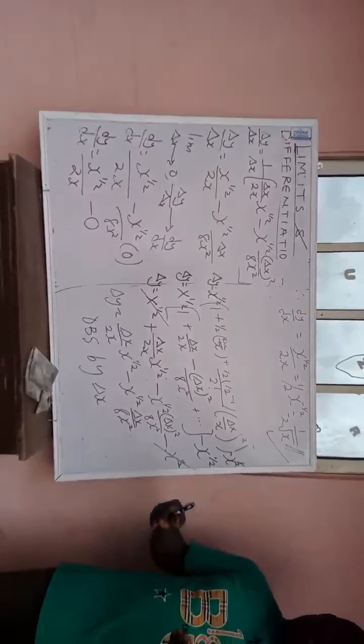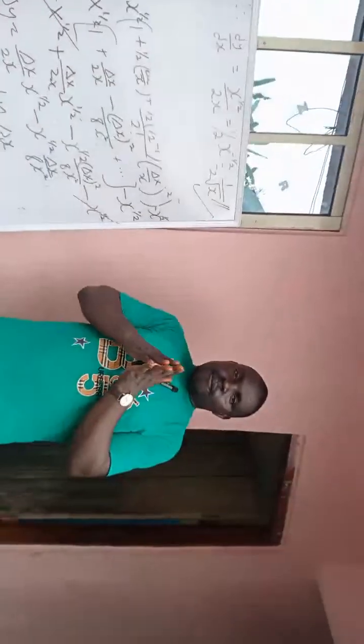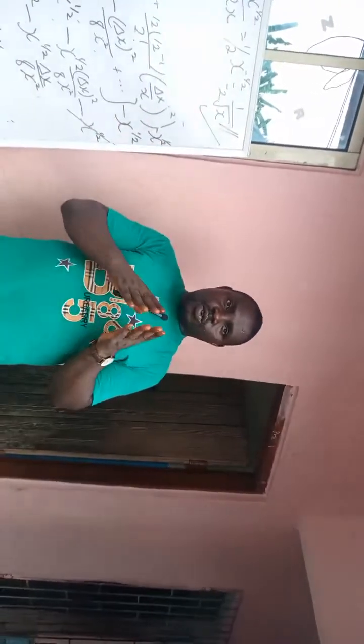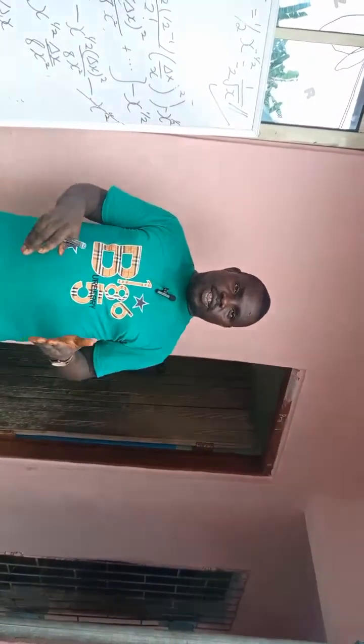Now, before I go, I'd like you to know that I could go into what we call the product rule, which says that if y is equals to uv, dy dx is u dv dx plus v du dx, and then we start solving questions. I could go to the quotient rule, which says that if y equals to u over v, dy dx equals to v du dx minus u dv dx over v squared.